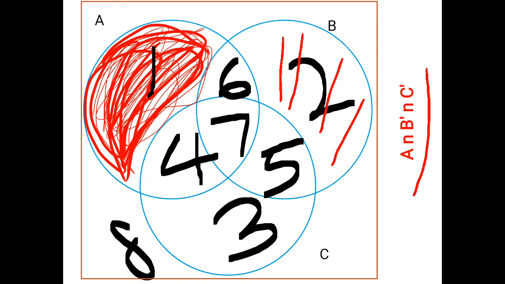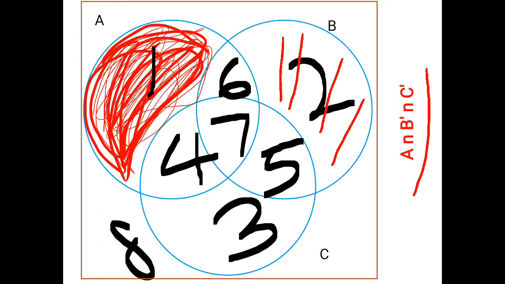So because it is found only in circle B, but not circle A, not circle C, we say only B or B only.